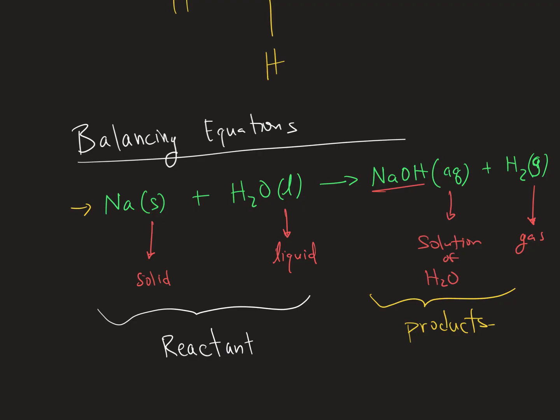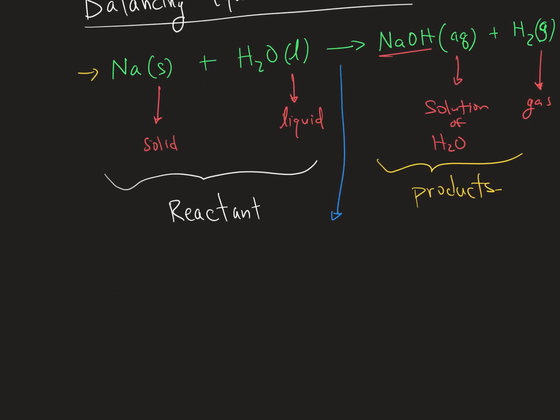So this is a chemical equation. You have the reactants on the left side, products on the right side, and this arrow means yields, makes, produces, etc. We good?